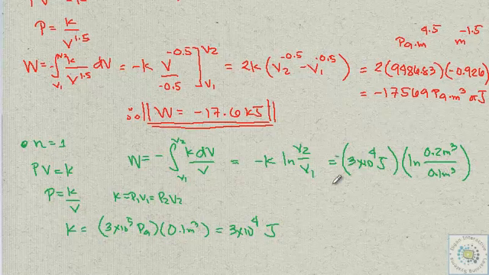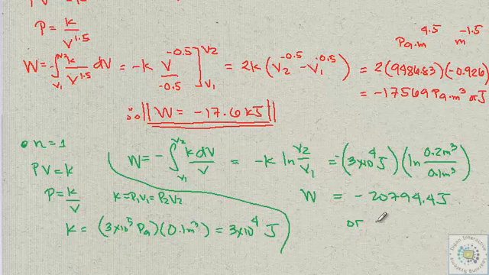I'll write that there, and therefore work in this case will be equal to negative 20,794.4 joule, or in terms of kilojoule, negative 20.79 kilojoule. So from the first given, we got negative 17.6. Here we got negative 20.79, meaning this will do more work than the first one.